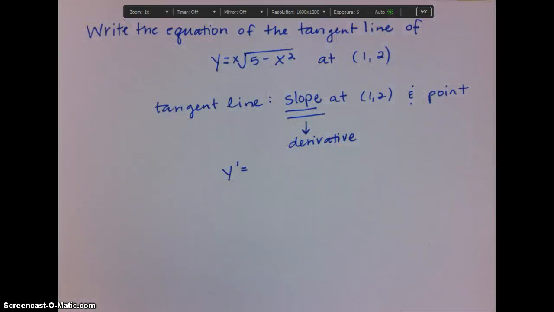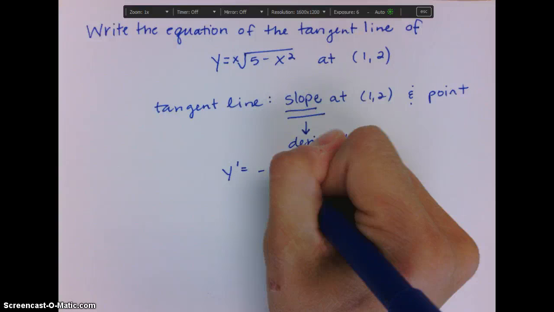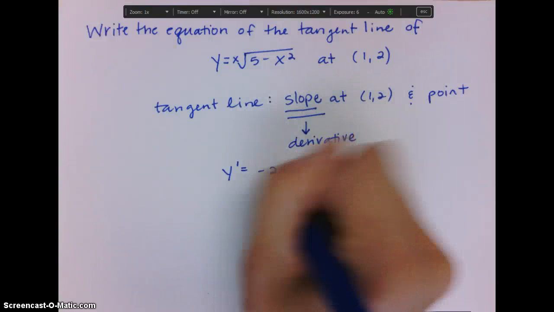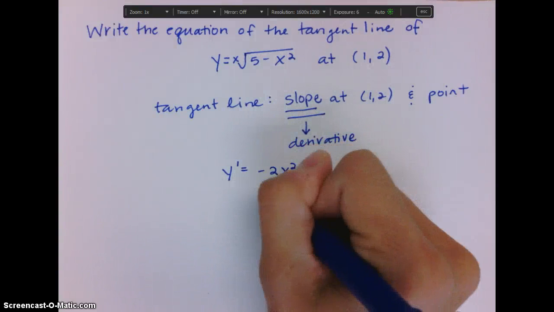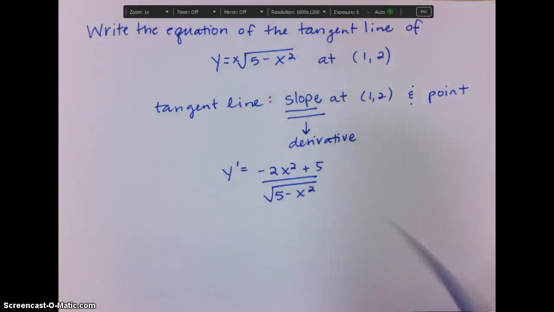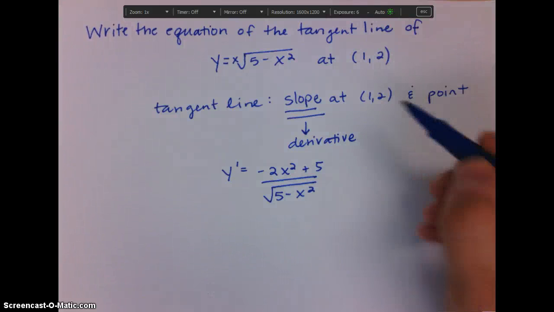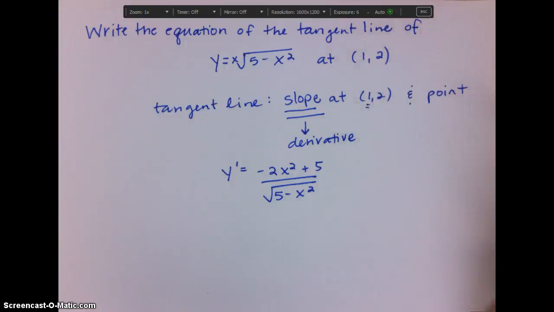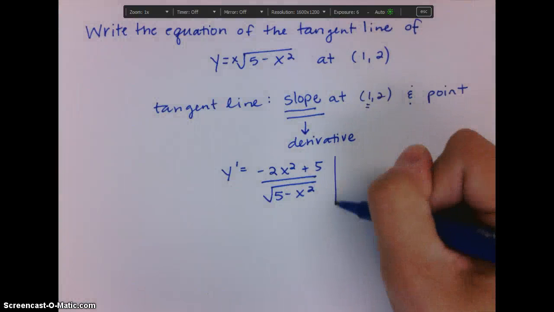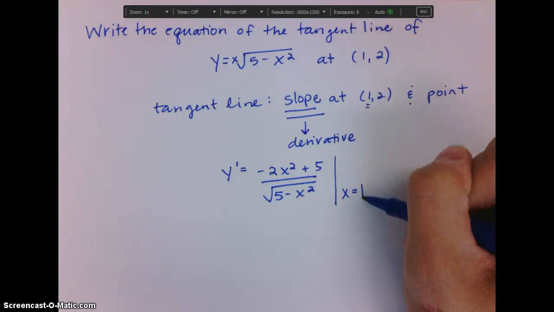I just went through the steps of how to find the derivative using that chain rule. So I'm just going to recopy the exact same derivative that we found a second ago. And I need to find that slope specifically at the point 1, 2. So in this case, the x is the only value that we need. So I'm evaluating it at x equals 1.